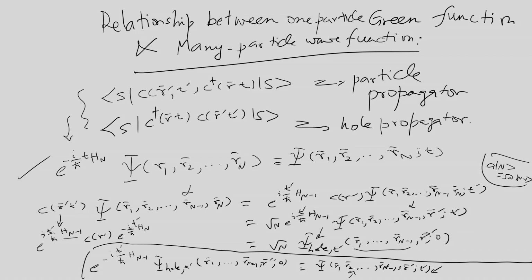So, the point is that having known what this whole wave function really means, let me go ahead and try to explain what this object is in terms of the wave function. Namely, I am going to explain what the whole propagator is. I am going to write down a formula for the whole propagator in terms of my many body wave function.